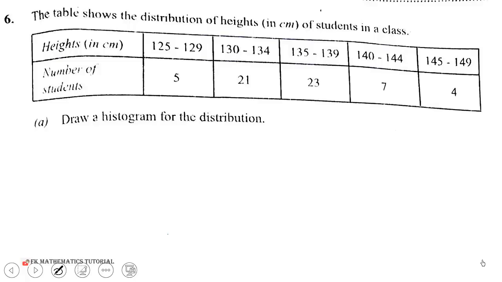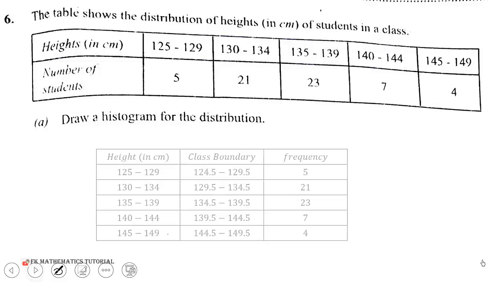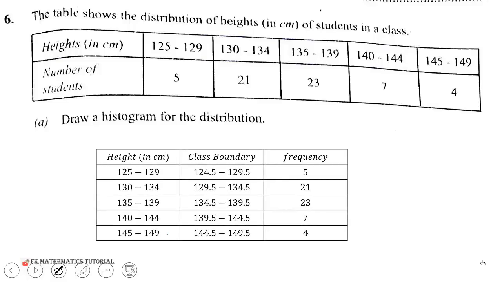Now, to draw a histogram for the distribution, we can formulate this table like this. Now, recall that you can also use the class midpoint instead of the class boundary to draw a histogram. So to get a class boundary, you get the difference between two consecutive classes.